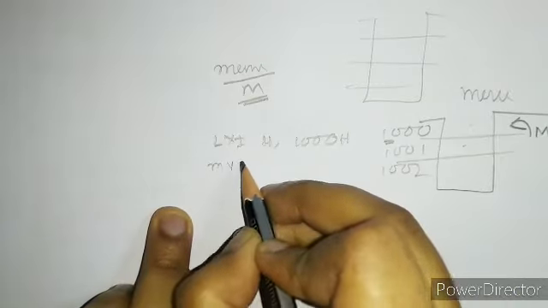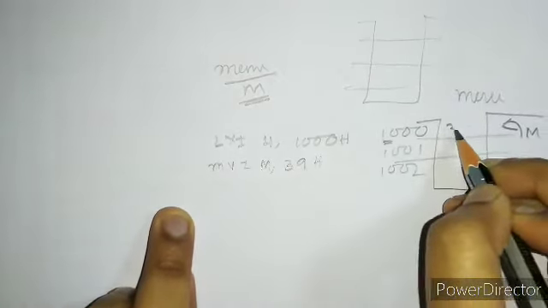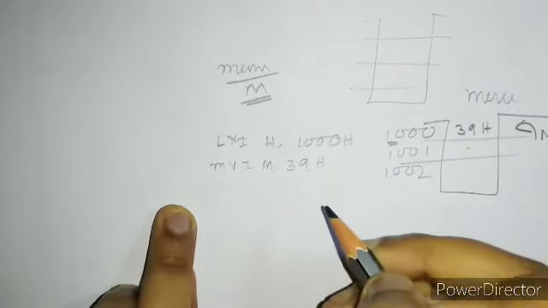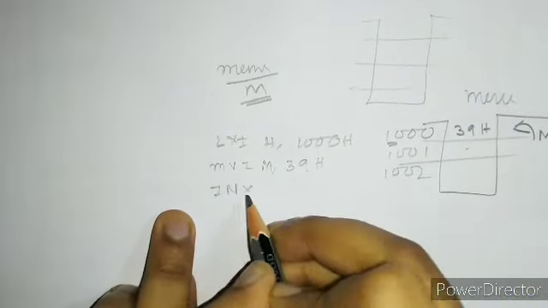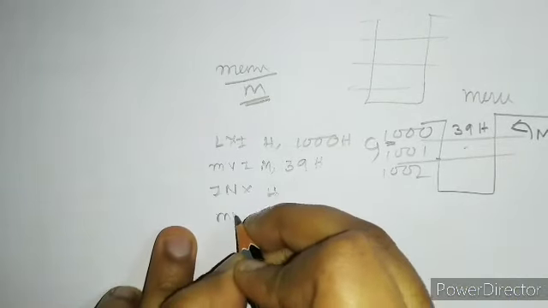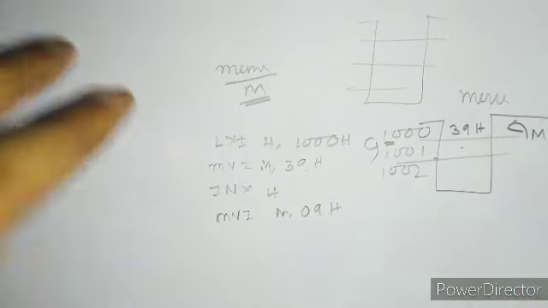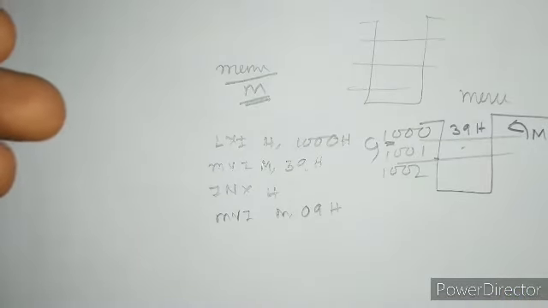Now I can store whatever data I want to, 39H let's say. So this will become 39H. Now INX H, this will come to this place. Then I can enter some other data. This is just a way of doing this programming.